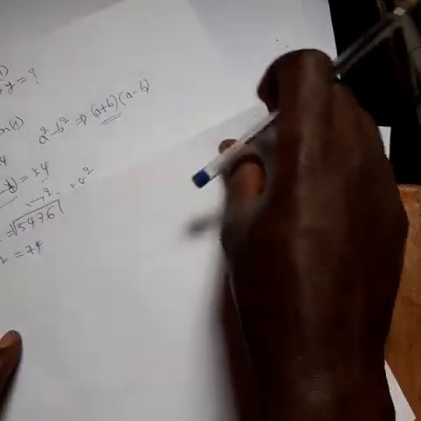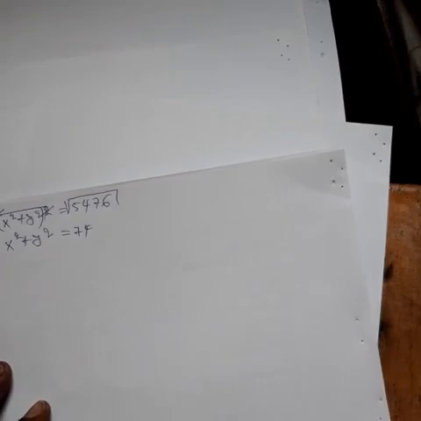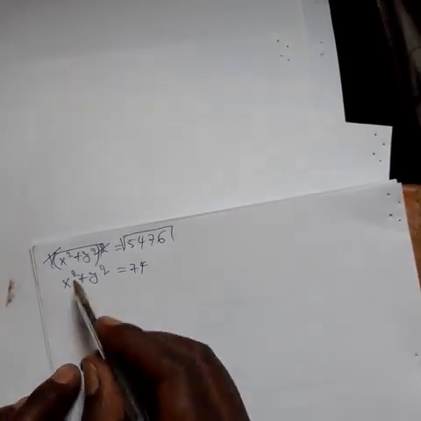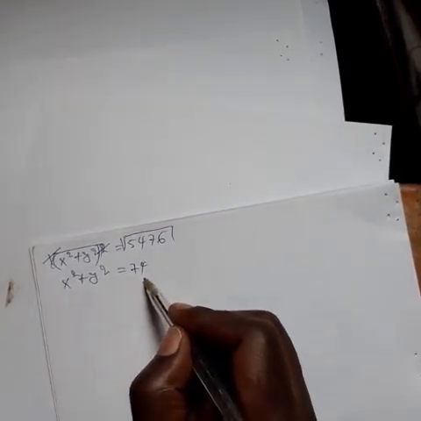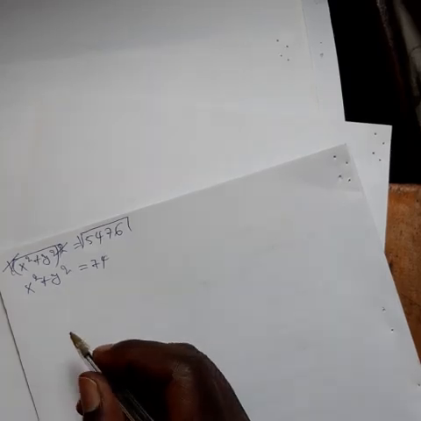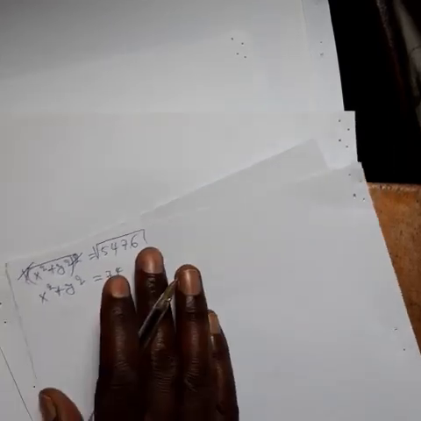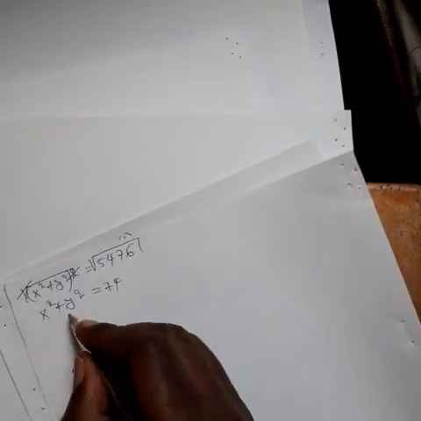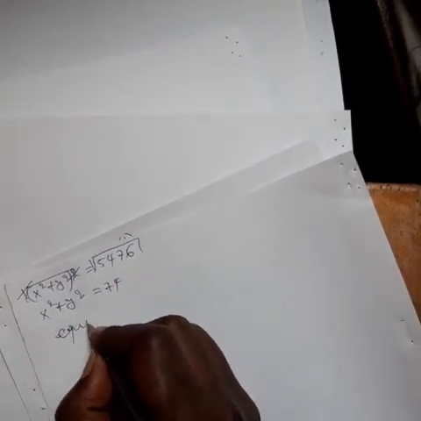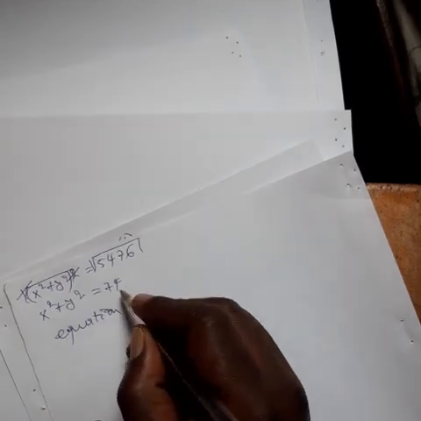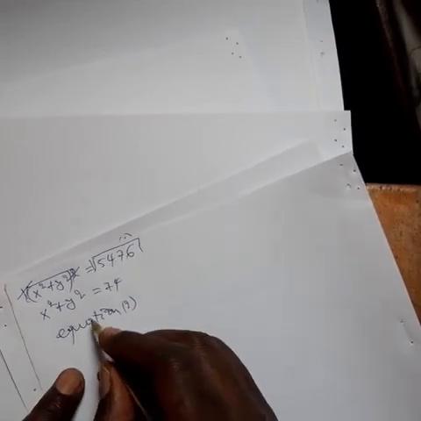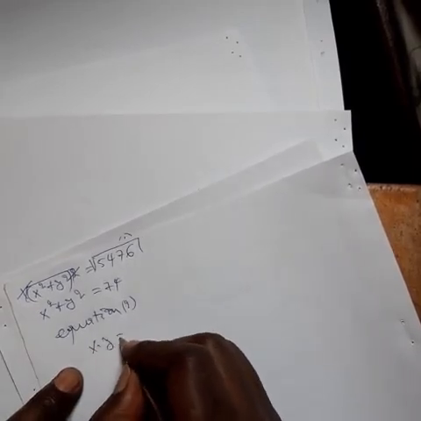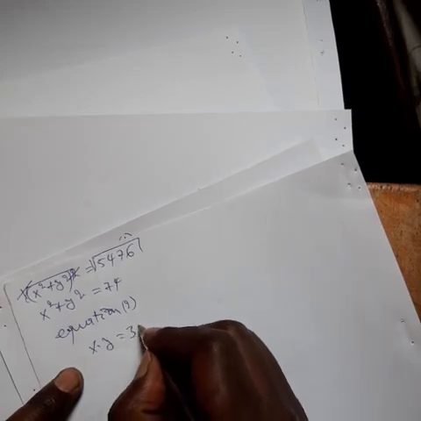So then we have got x squared plus y squared, which is equal to 74. At this point, we go back to equation 2, which says that x times y is equal to 35.